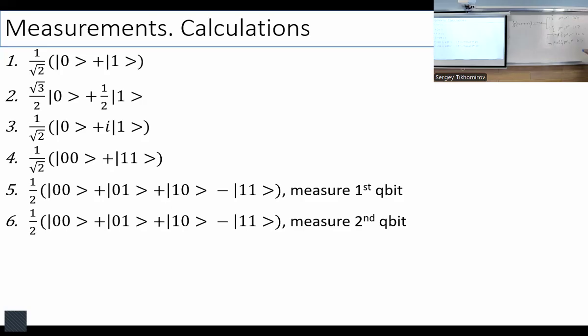Now let me consider |00> plus |11>, with 1 over square root of 2. So how do we calculate the result of measurement?